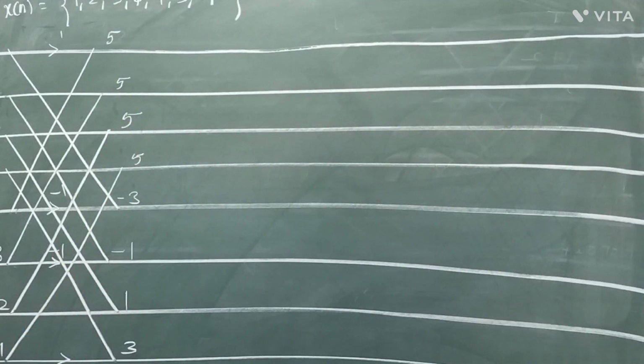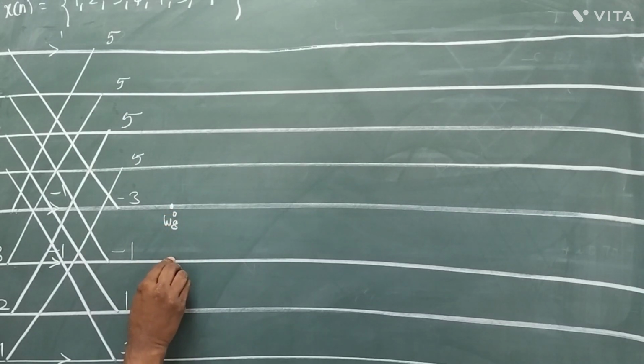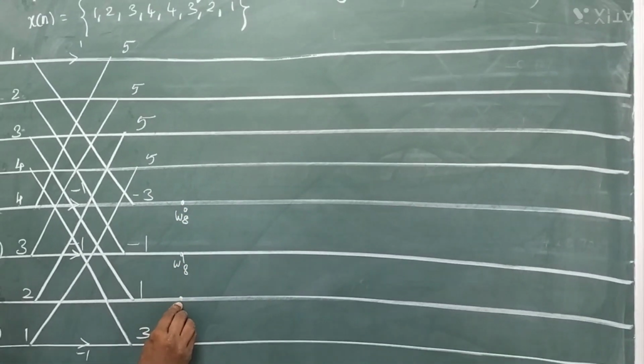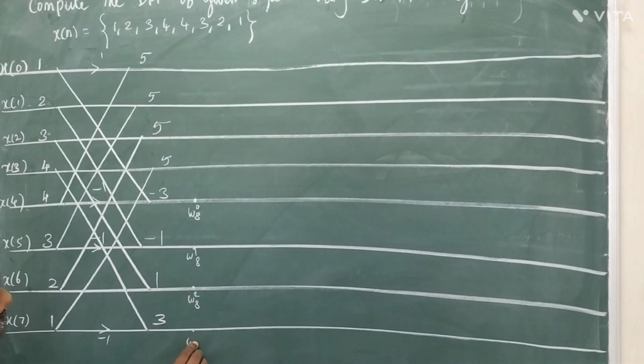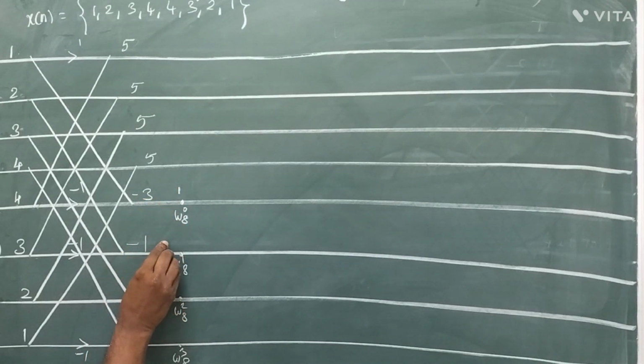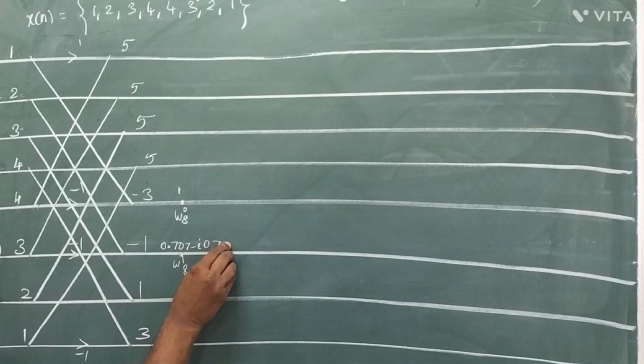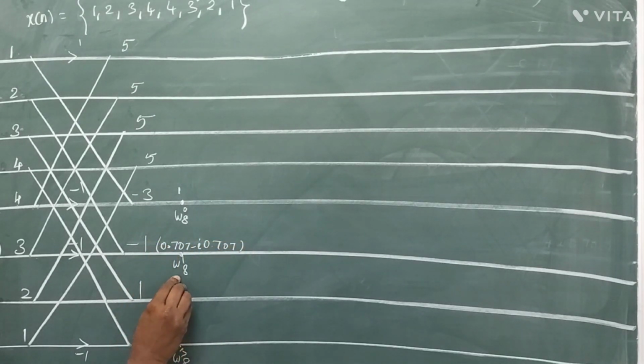After completion of stage 1, you have to multiply with the twiddle factors. After this single point DFT, you write the twiddle factors, that is the 8 point W8^0, W8^1, W8^2 and W8^3. You know that W8^0 value is 1 and W8^1 value is 0.707 minus j 0.707, W8^2 value is minus j, and W8^3 value is minus 0.707 minus j 0.707.